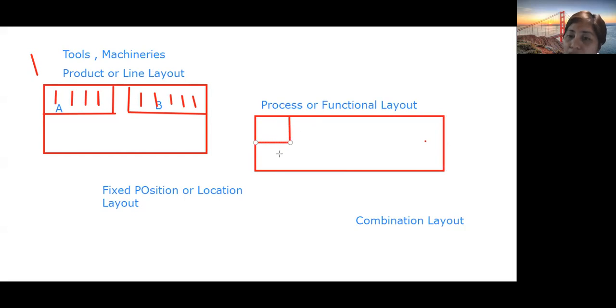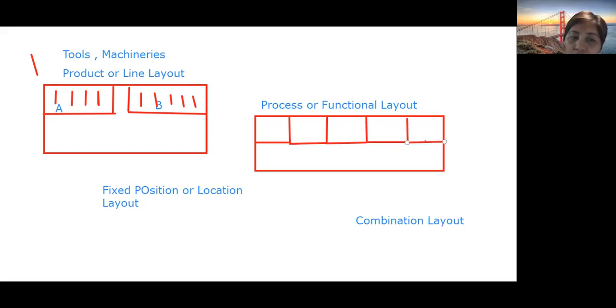Here in the process layout, once you get inside the room, you will notice that the department is for a particular operation. So once you get inside the shop, you will see different rooms, and upon checking the rooms, you will see that they are for different operations.